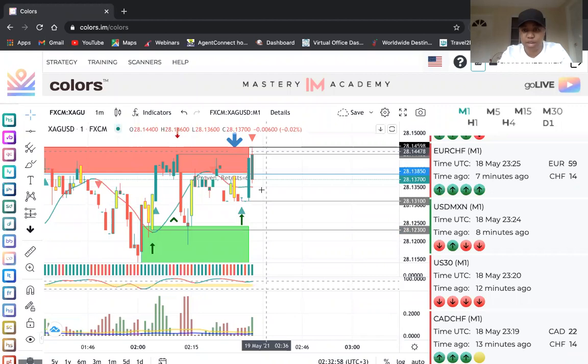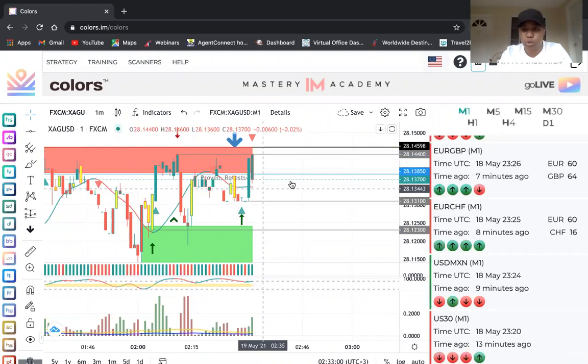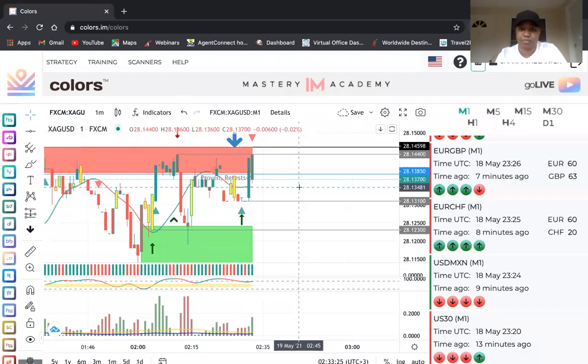You can put 28.145. As you can see, it's rejecting off of this area right here. Even though the buyers came into the market, like I said, unless this box disappears, you're still in for a sell.